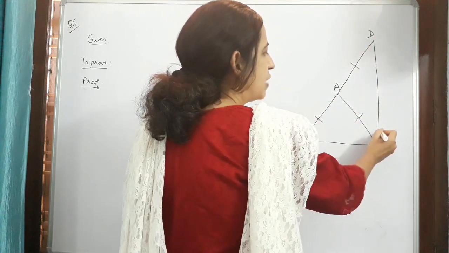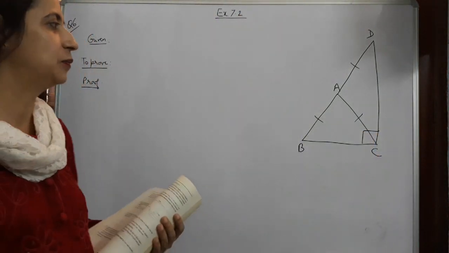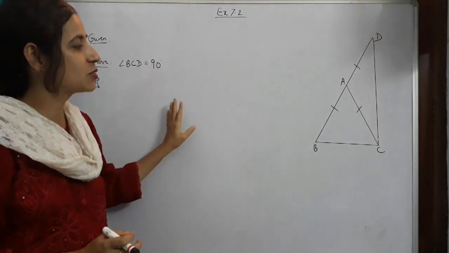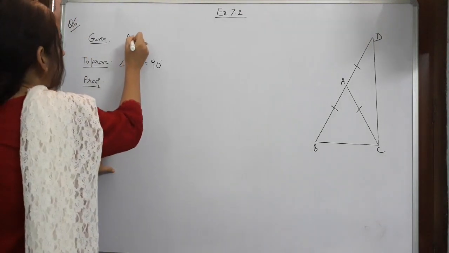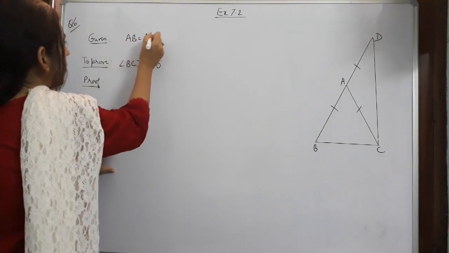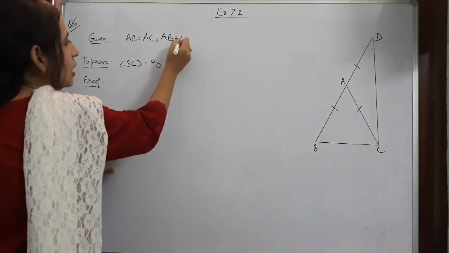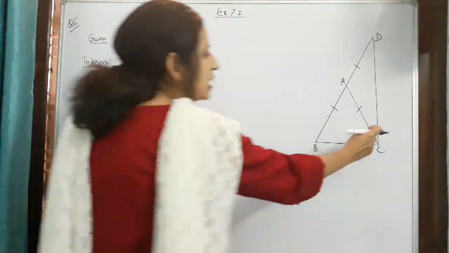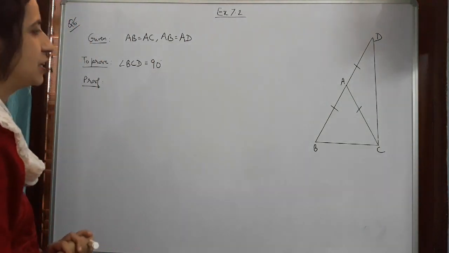We have to prove that this angle is a right angle. Now let us write down what is given to us in this question. It is given to us that AB is equal to AC. It is also given that AB is equal to AD. And we have to prove that angle BCD, that is this angle, is of measure 90 degrees.